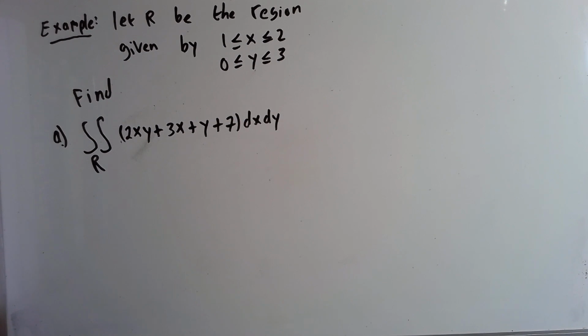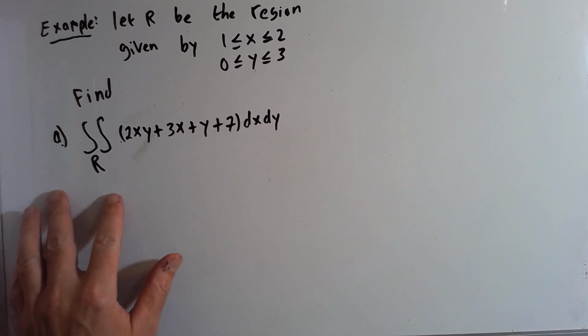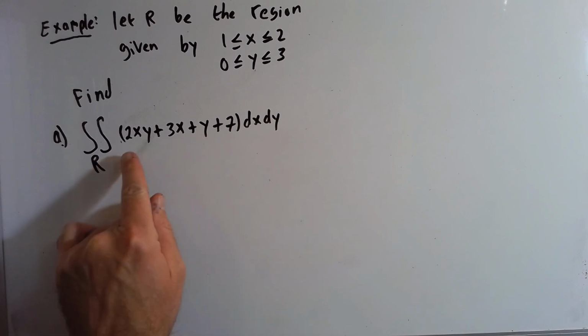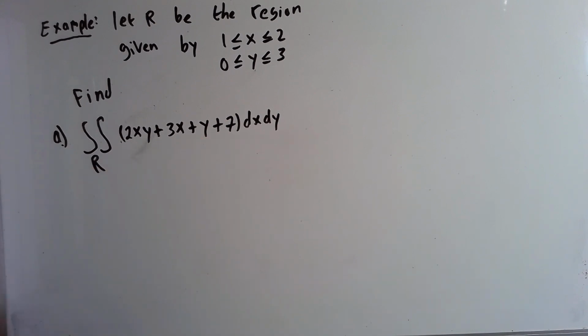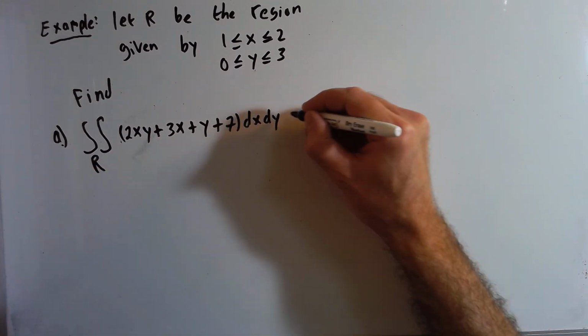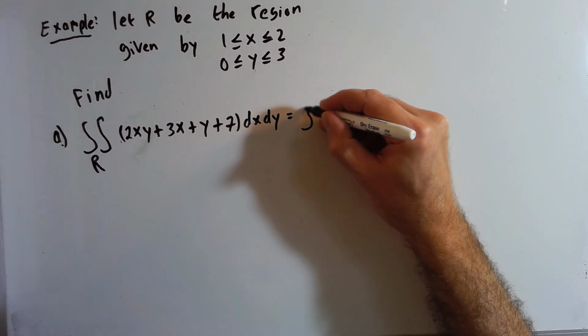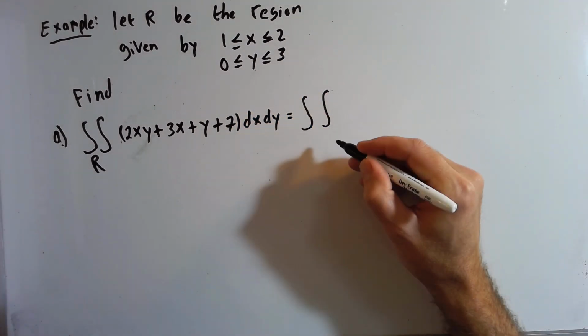Okay, so here's an example. We let R be the rectangular region, x goes from 1 to 2, y from 0 to 3. So we define this double integral over our f(x, y). This is our f(x, y) here. So this will equal the integral.